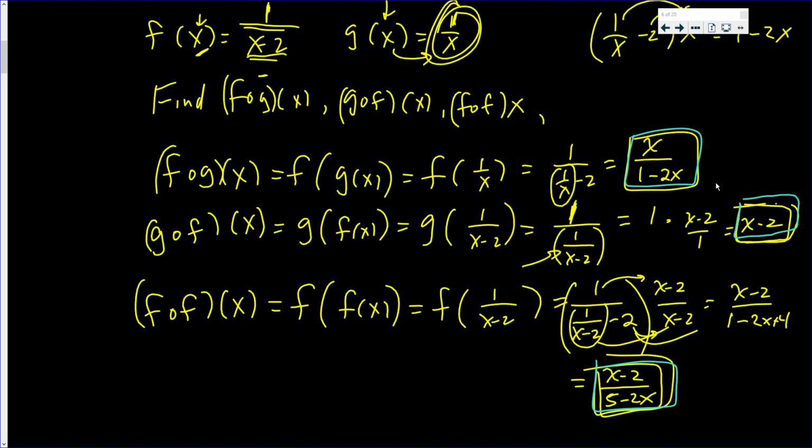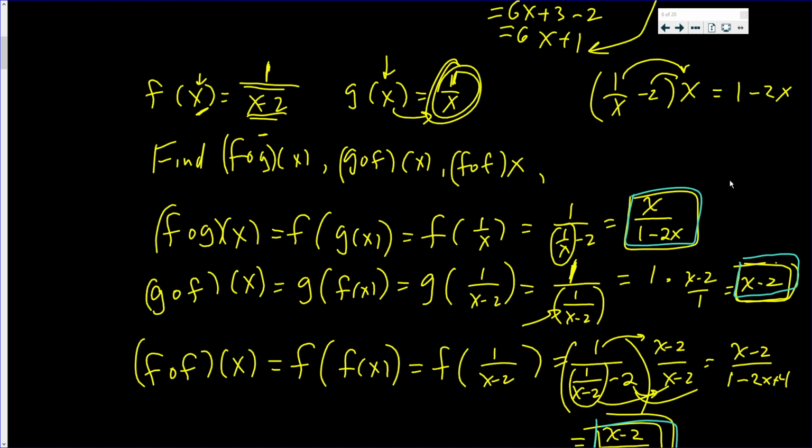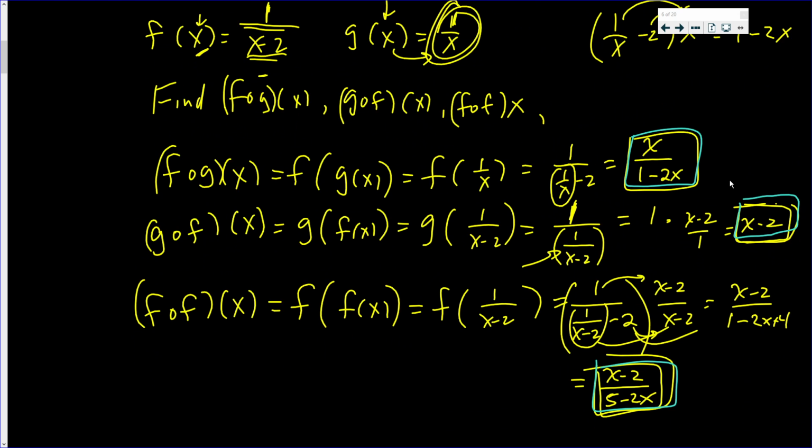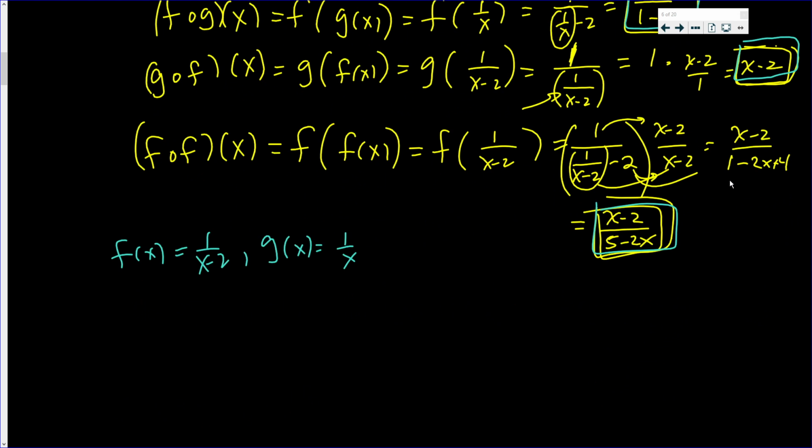Okay, let me write down the functions again, please. f of x is 1 over x minus 2, and g of x is 1 over x. Okay. What is the domain of the f function?